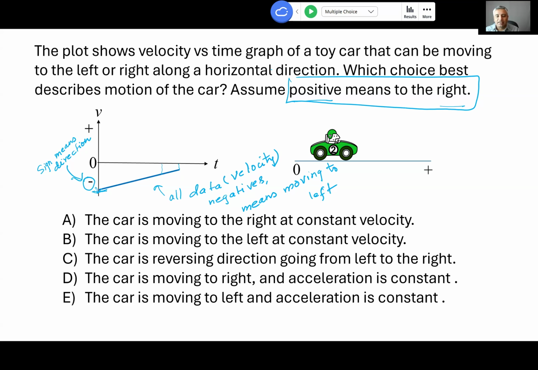For example, if we assume north as positive and you drive on I-25, no matter where you are, as long as you are driving north on I-25, your velocity has a positive sign, once we say north is positive.